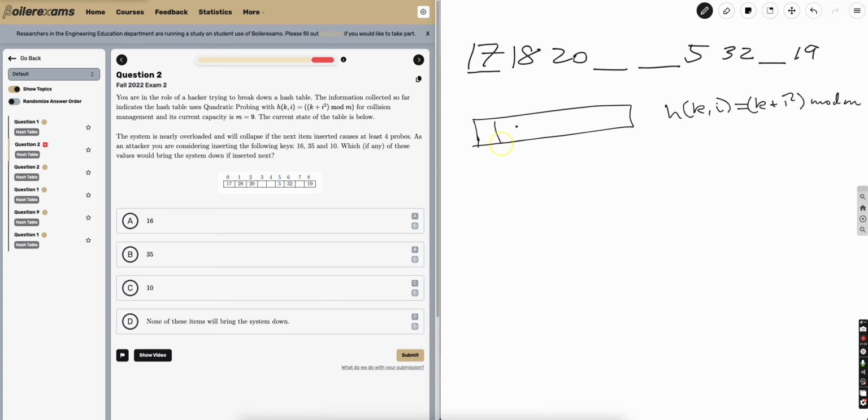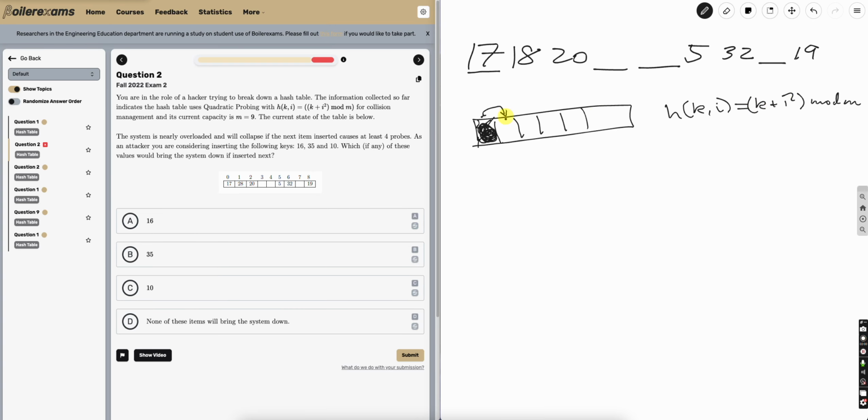For example, if this first square is already taken, it would go to the next square. It would increment by 0 to check first, and if there's already an element, it would go to the next box, because it would be the element plus i squared, so plus 1 squared.